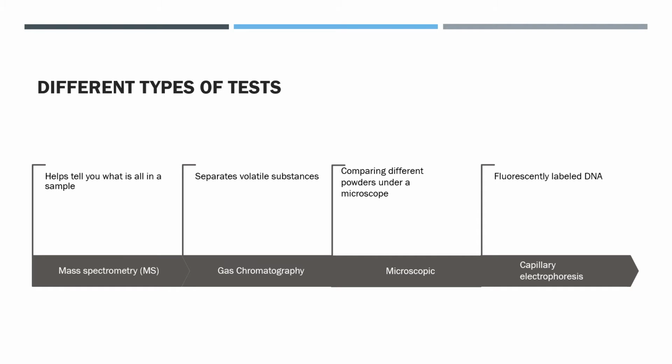Mass spectrometry helps to tell you what all is in your sample. Gas chromatography separates volatile substances, and I'll get into that later. Like I said, microscopic is looking at different powders under a microscope normally. And then you have capillary electrophoresis. This is looking at DNA.